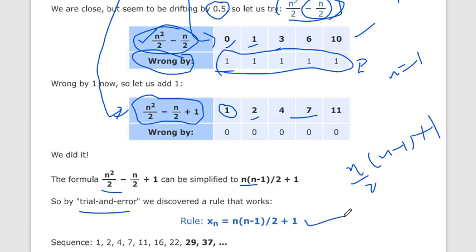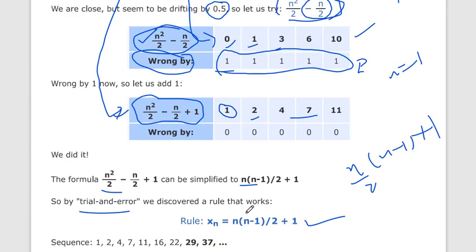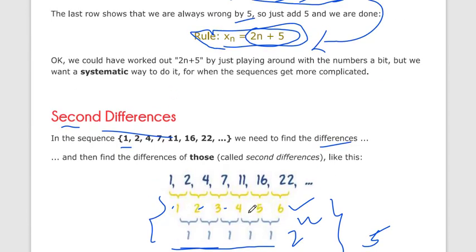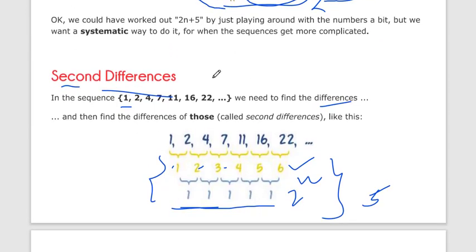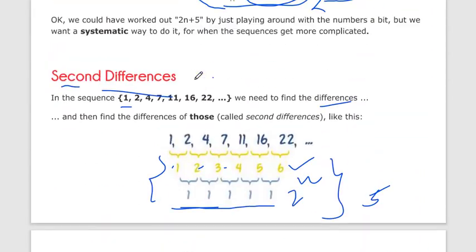This is our rule of this sequence, and we can find the nth term also. This is the method of finding the rule of any sequence: first difference and second difference.